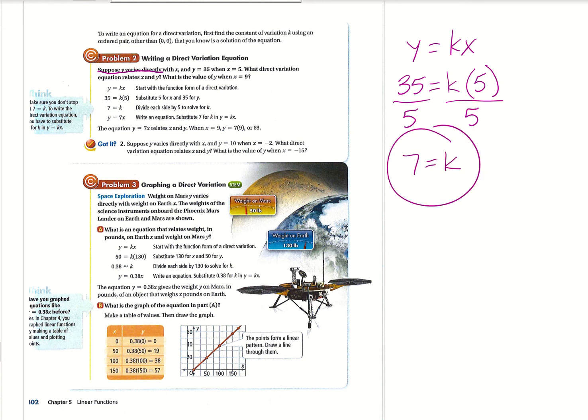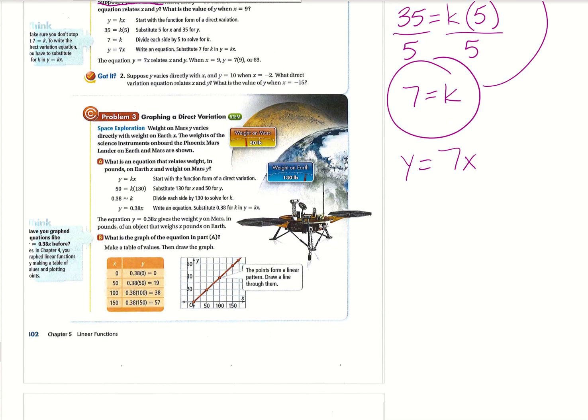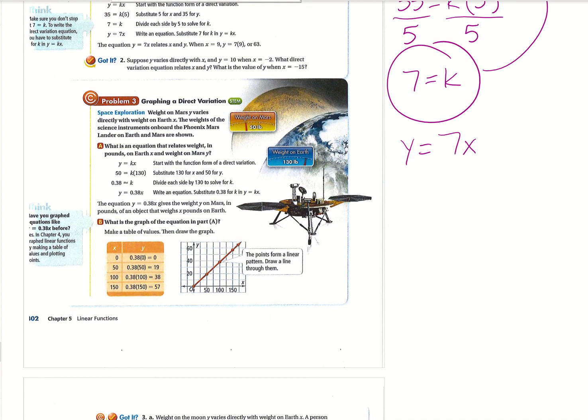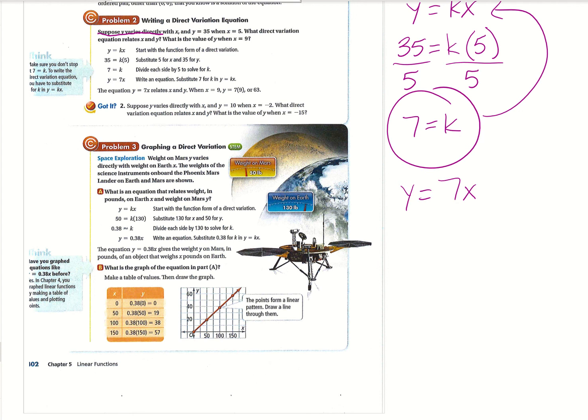Since we know this, we can now plug it into our original equation. So we have y equals 7x. We know 7 is the same thing as k, so we can take out k and put 7 in its place. So now we have y equals 7x, and that was the first part of this problem.